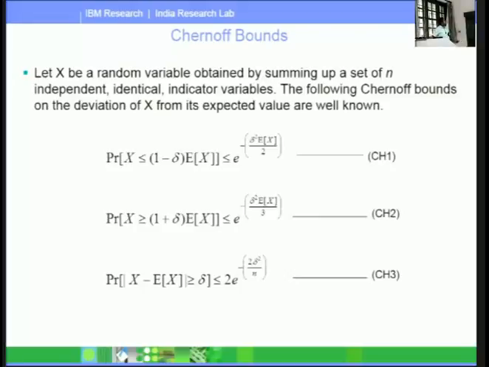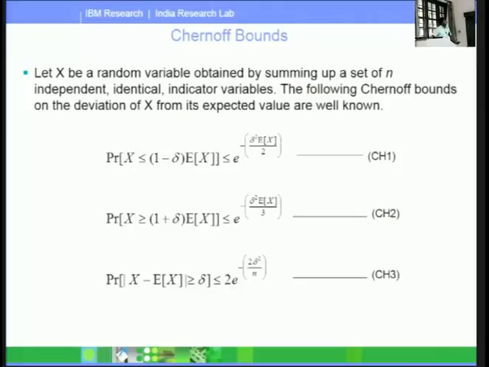This is the only slide in which I will use something slightly non-trivial. Have you heard of Chernoff bounds? You have not heard. Okay. This is a very useful concept in designing randomization strategies.